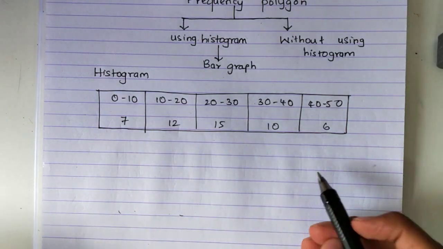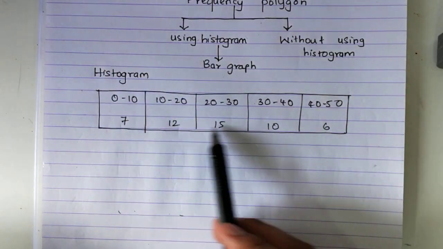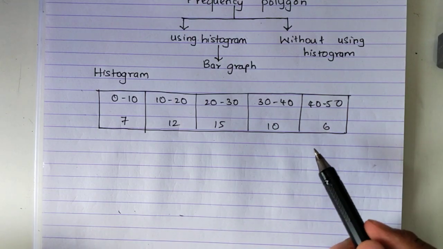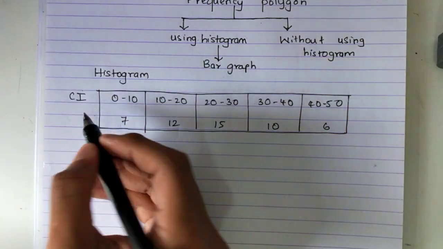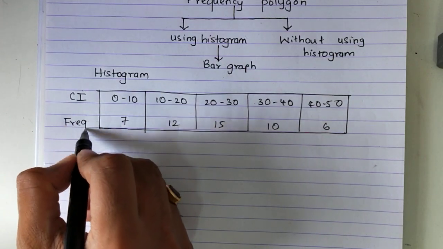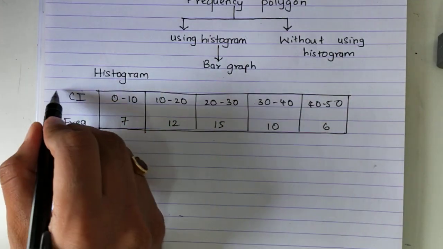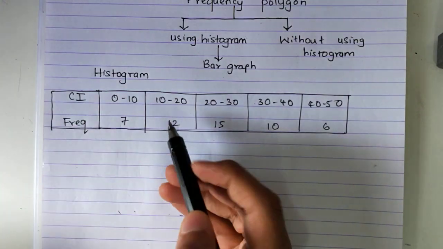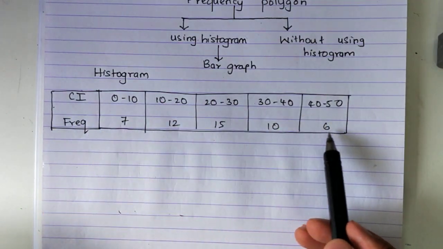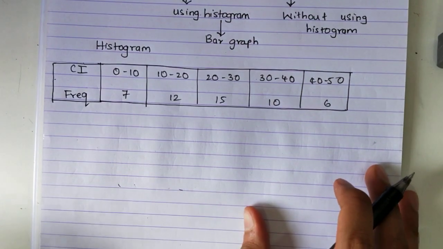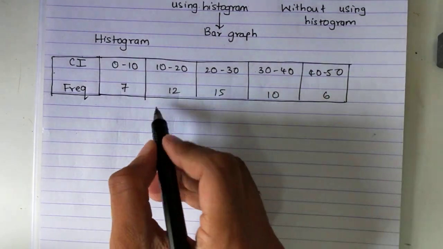This is the question, and we have to draw the histogram of this table, of this data. What is this data? This is the class interval and this is the frequency.